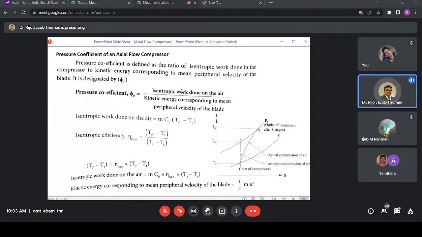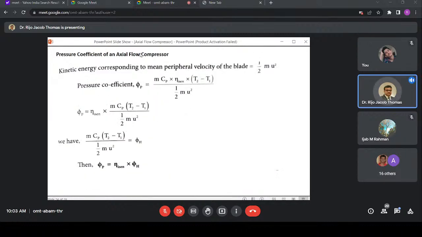So this ratio, if you take, what you get is the pressure coefficient. So m Cp, isentropic efficiency, into T2 minus T1, which is the actual temperature change, divided by half mv square. So you will get it as nothing but your head coefficient, or the work coefficient. So we can make this equation: pressure coefficient is equal to isentropic efficiency into head coefficient. Okay, some mathematical terms that you should know.